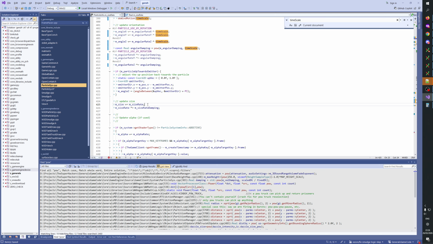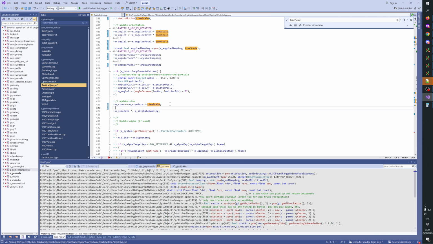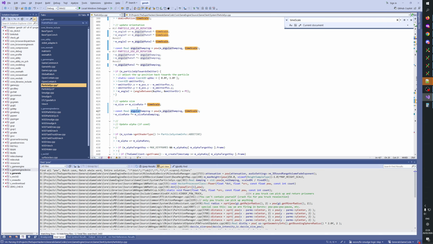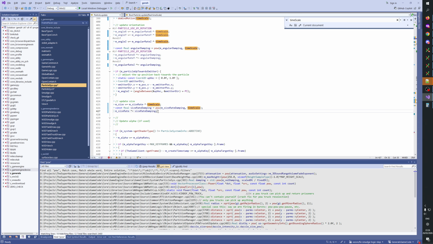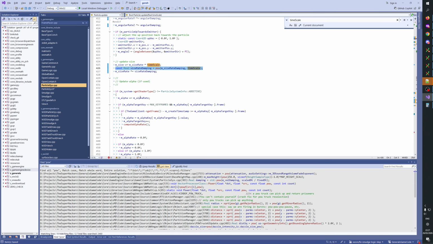Okay, we have size rates. So this one we also scale, and this one as well, the damping. Size rate damping. Okay. Alpha rate.